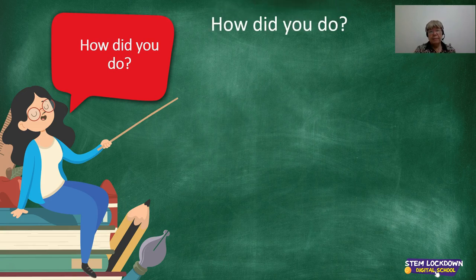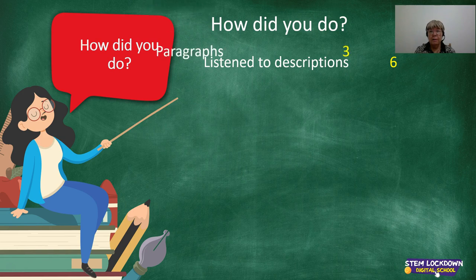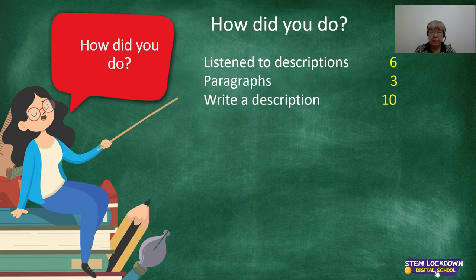So now it's the time for us to add up the marks in our test. So you listened to descriptions, that was 6 marks. You found out things about paragraphs. You wrote a description. You put words into alphabetical order, 2 marks.